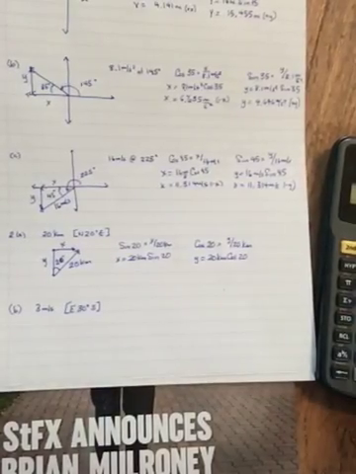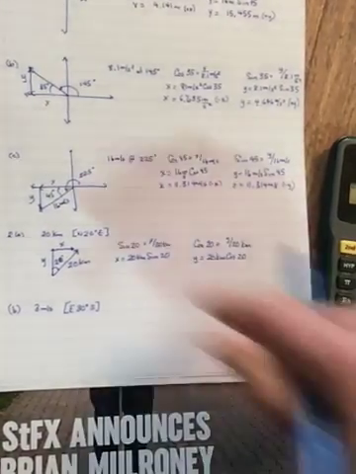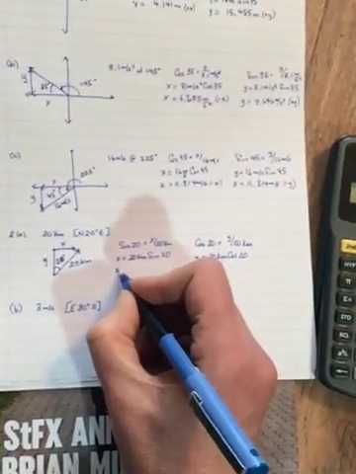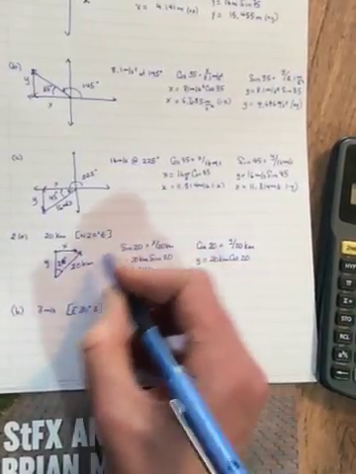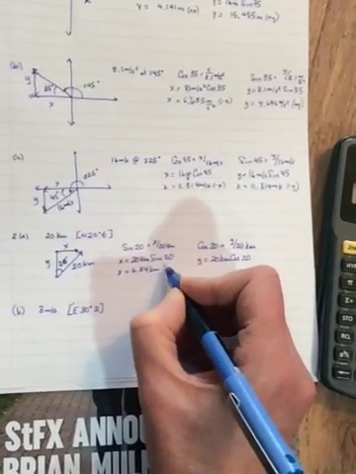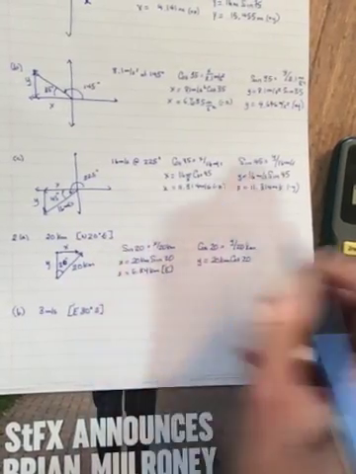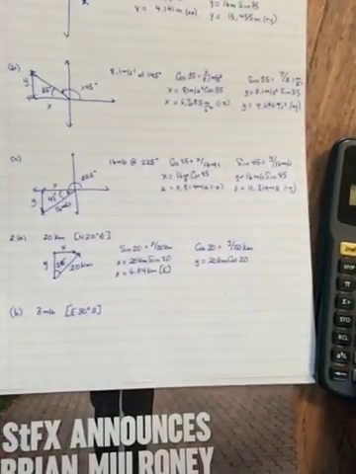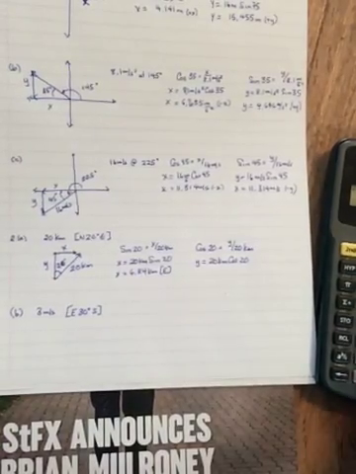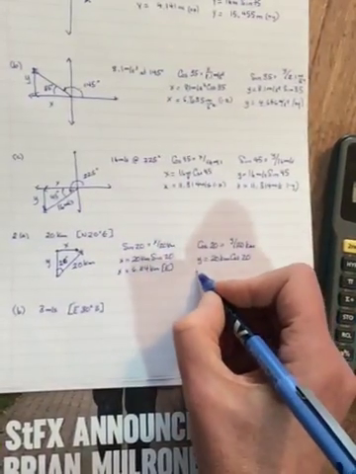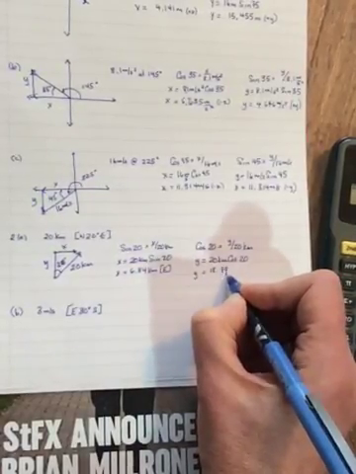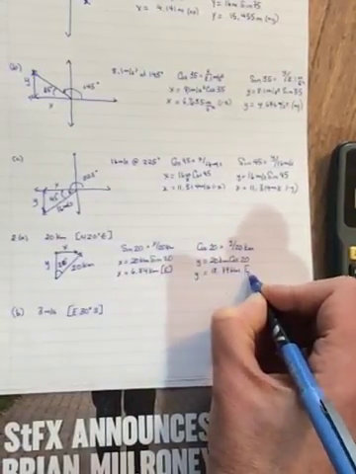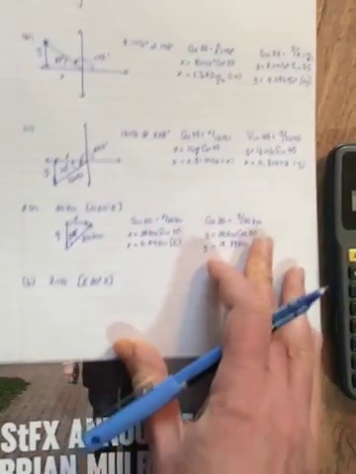So 20 sine times 20. And you get x to be 6.84 kilometers. Look at the direction, that is east. Do the y, 20 cos times 20, y is equal to 18.79 kilometers, and that is north.